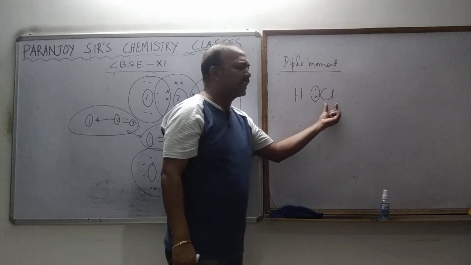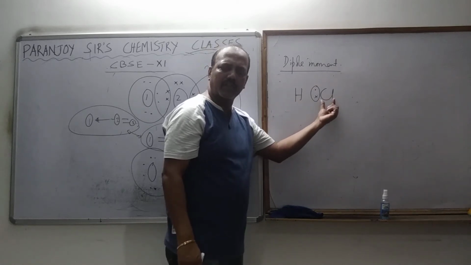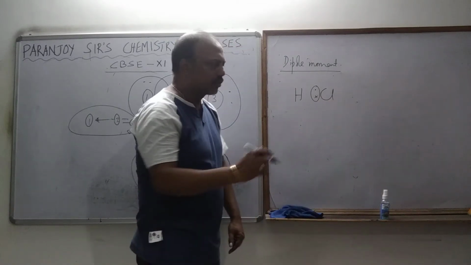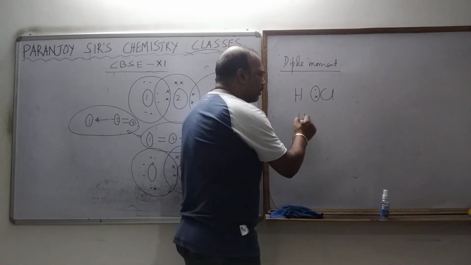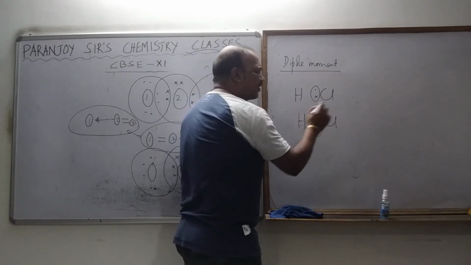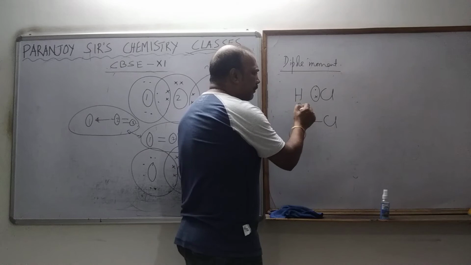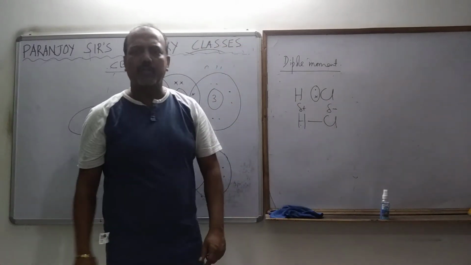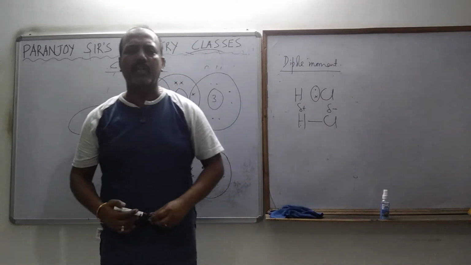And since chlorine is partially attracting the electron, it gets partially negatively charged. So the HCl molecule becomes like this, but H is delta positive and Cl is delta negative. Delta means partial, okay? Partial positive charge and partial negative charge.